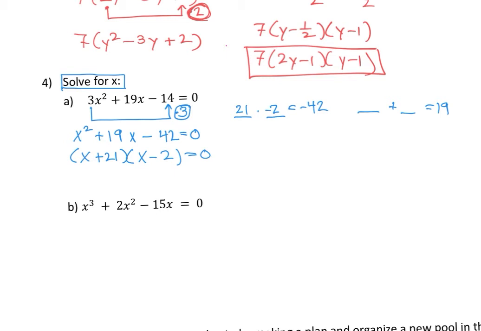But we did multiply by 3, so let's go divide by 3, reduce our fractions, and then any denominator that remains, let's bring it up. So we end up with x plus 7 times 3x minus 2 equals 0.